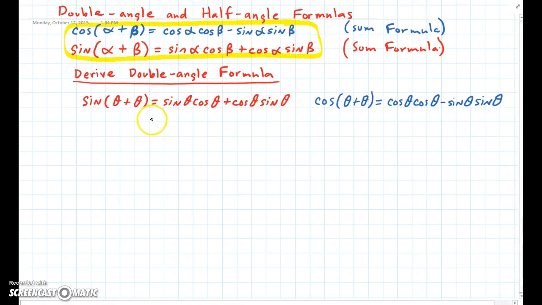So if we add these, we get 2 sine theta cosine theta equals sine of 2 theta. That is the double angle formula for sine.